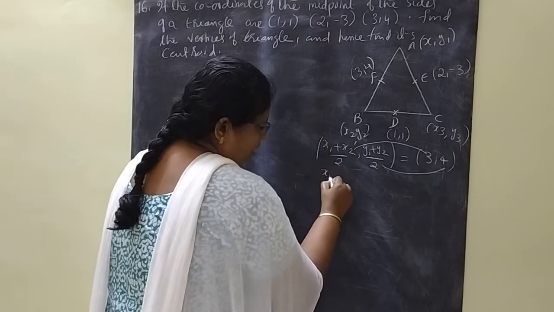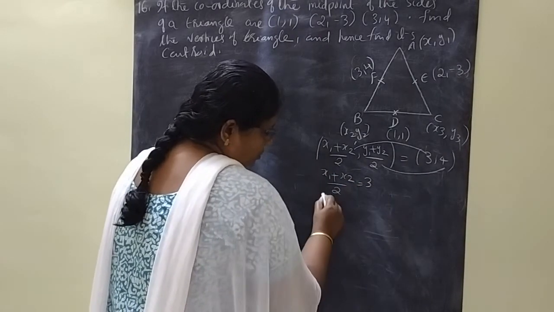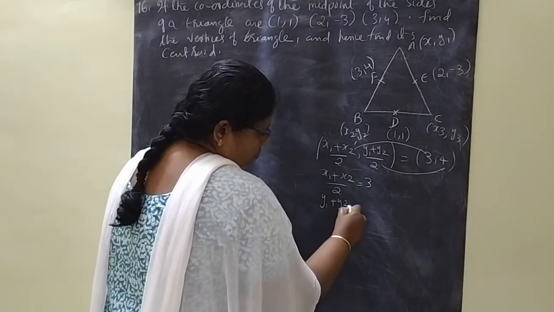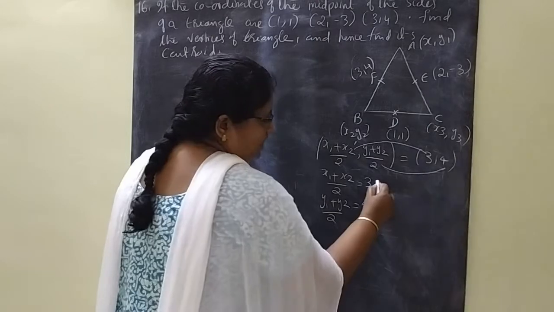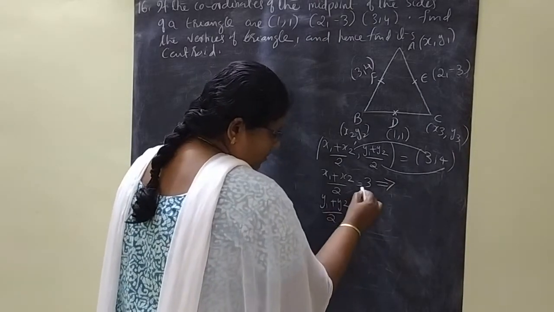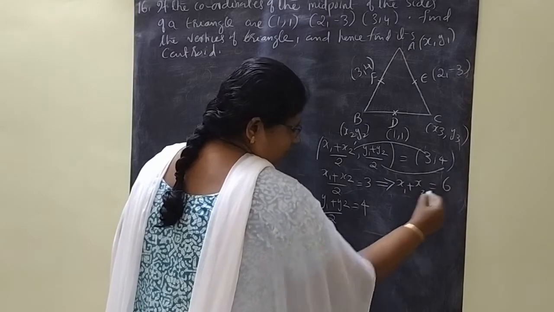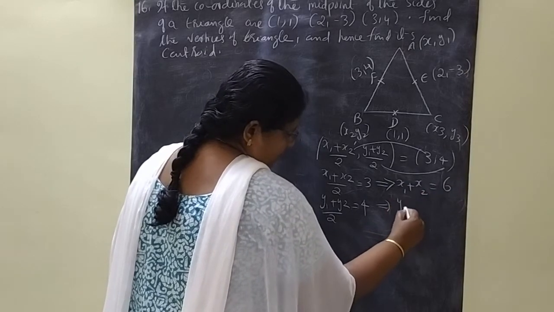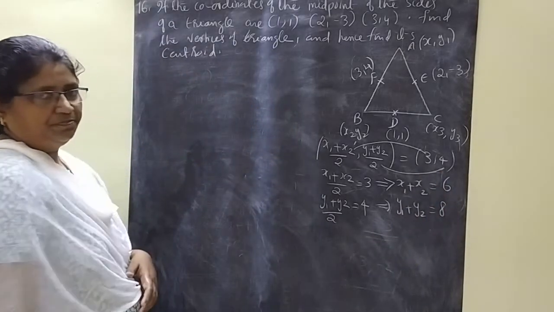So we get (x1 plus x2) by 2 equal to 3 and (y1 plus y2) by 2 equal to 4. Understood? Cross multiplying, we get x1 plus x2 is 6, and y1 plus y2 is equal to 8.